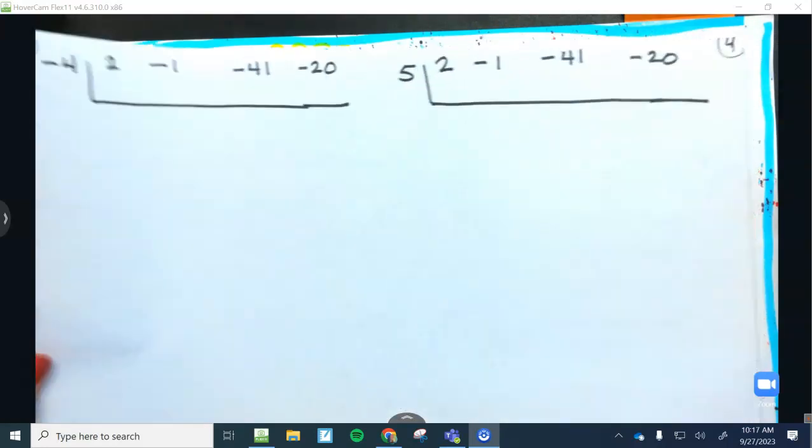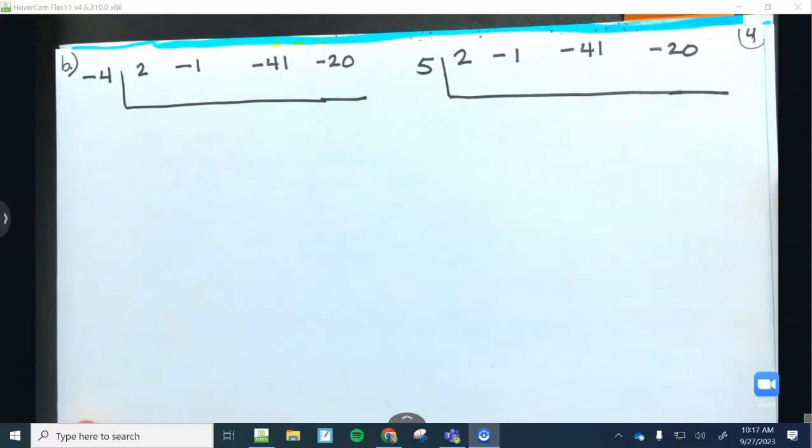So draw your upside down division boxes and put those opposite numbers on the outside. The inside top row is going to be the same. Here's your setup. Check to see that you did your setup correctly.